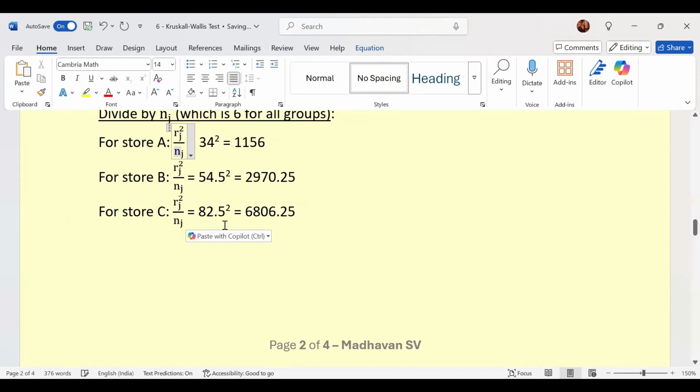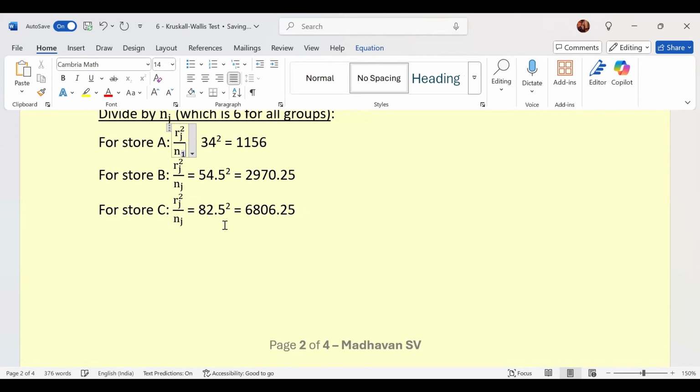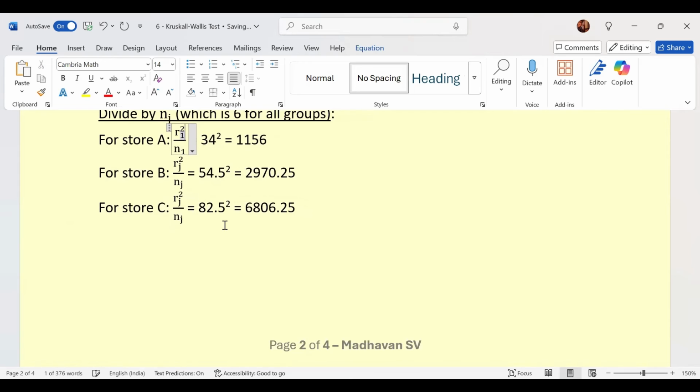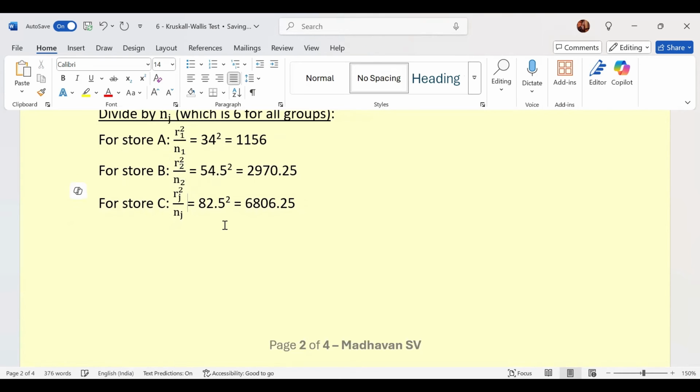This is N1, this is R1, this is N2, R2. This is 3. This is also changed to 3. So this will become 1156 divided by 6.